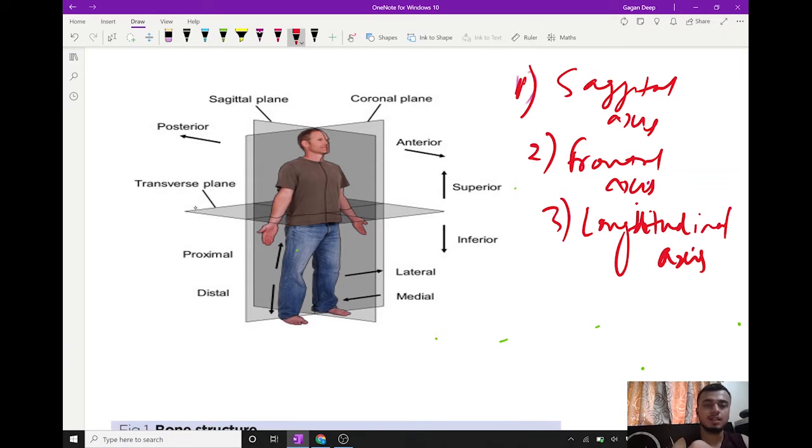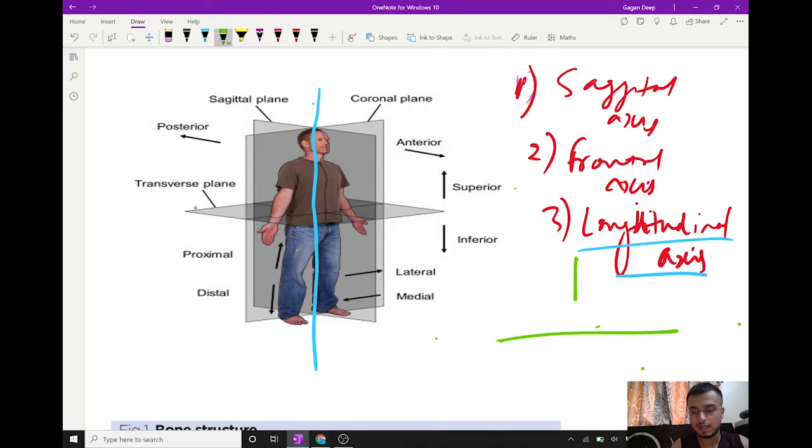Now, as the name suggests, guessing where the longitudinal axis is not quite difficult. It passes longitudinally through him. Now we have studied in physics the xyz concept, right? Now if I draw this, this is x, this is y, and this is z. Easy.